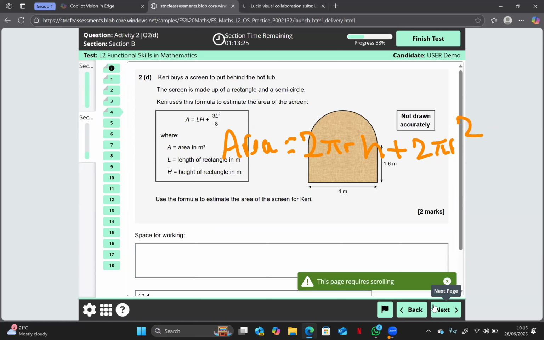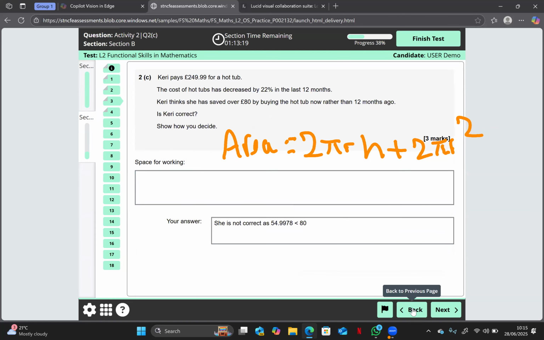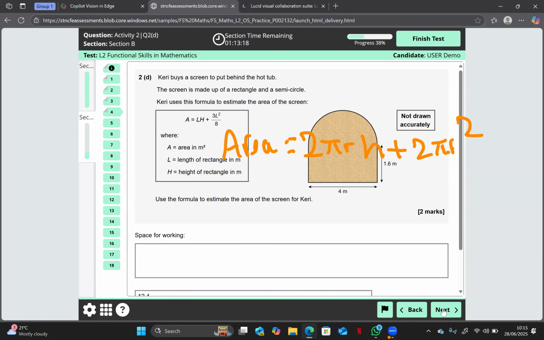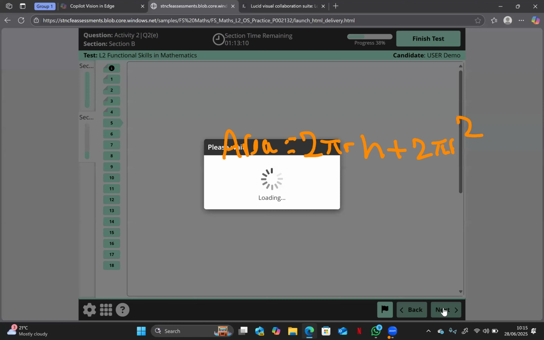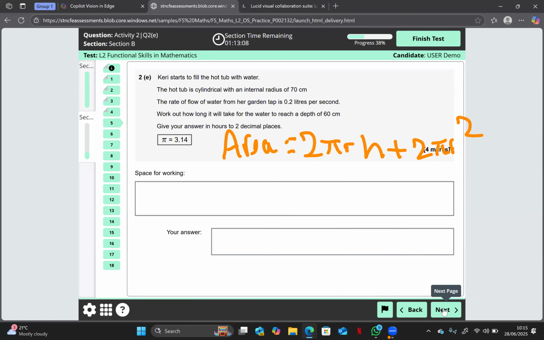No, that's a screen, sorry. So the internal radius is 70 centimeters. So the radius is 70 centimeters.